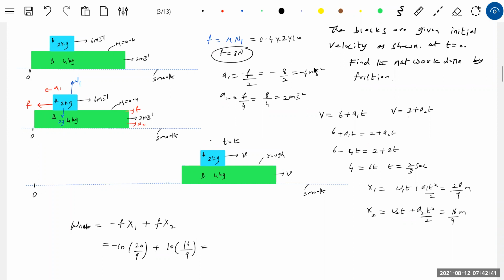So what we have to give is the net work done by friction. We'll get some value: minus 200 by 9 minus 160 by 9, so minus 40 by 9? I got negative. So what to do with negative? This will be converted into heat. Minus 10 into 28 by 9, minus 120 by 9.